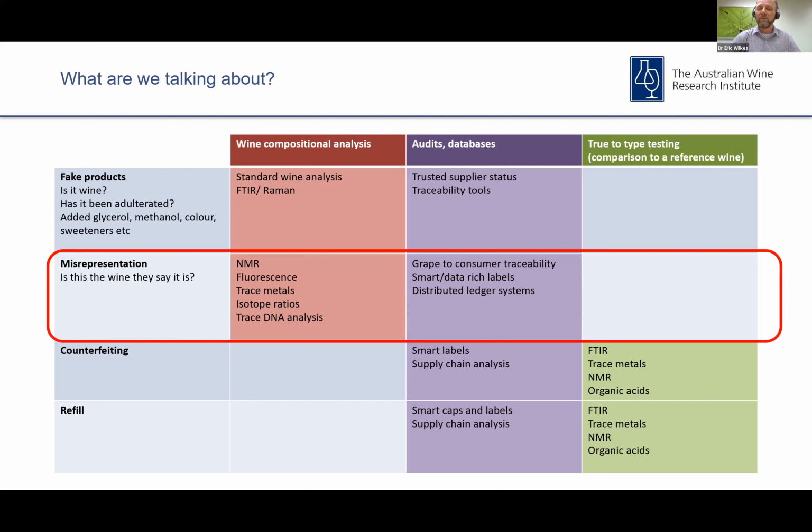Is it actually the original label? Those sort of things from there. And those sort of tools are becoming really, really powerful, and they're often linked to what we call distributed ledger systems. Now, an example of distributed ledger systems are blockchain, but that's not the only one there.